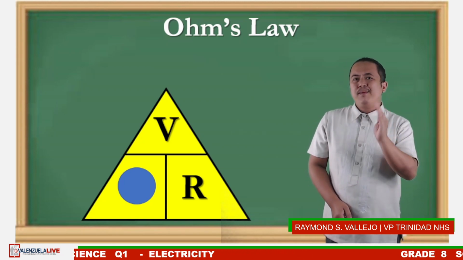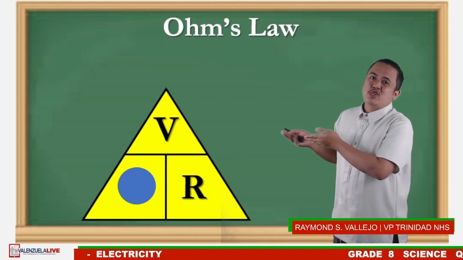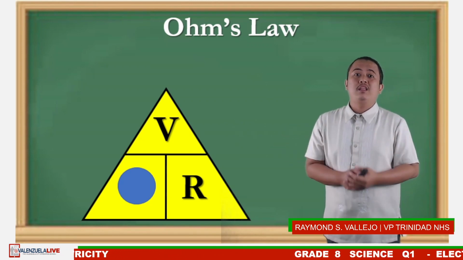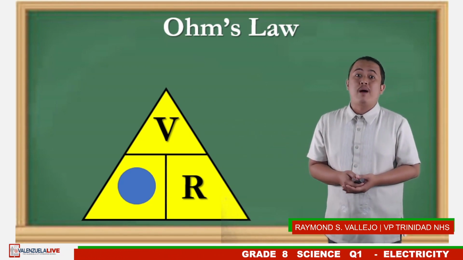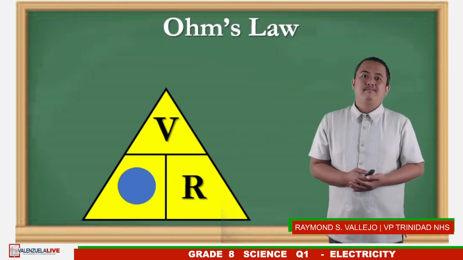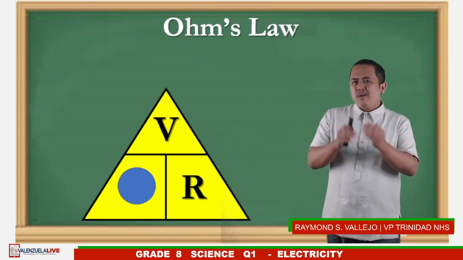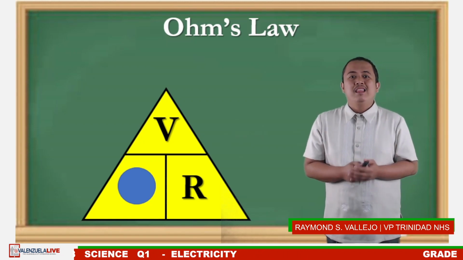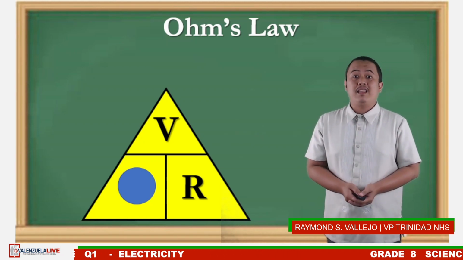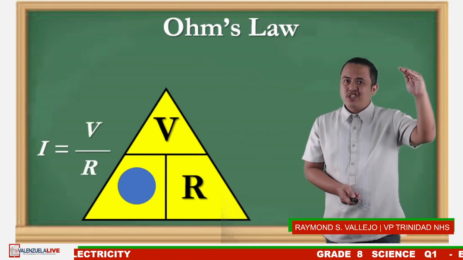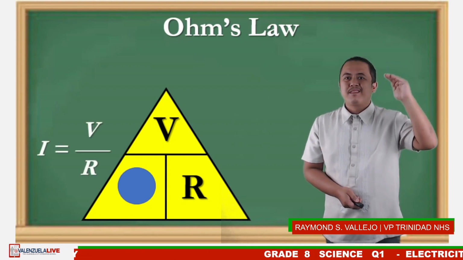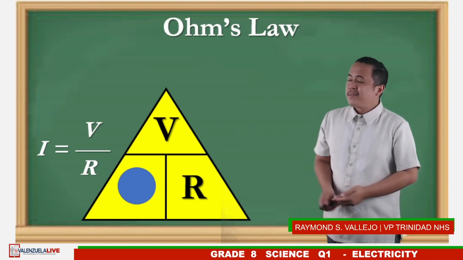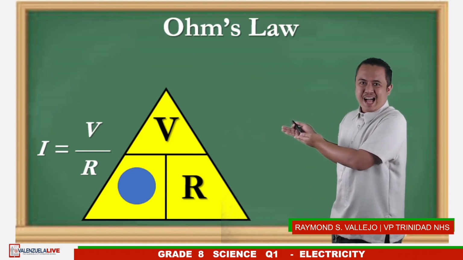Now, by blocking letter I, we assume that the missing quantity for a specific word problem is current or letter I. Now, by using the equation triangle, we identify that the formula for current is voltage divided by resistance, or V divided by R.